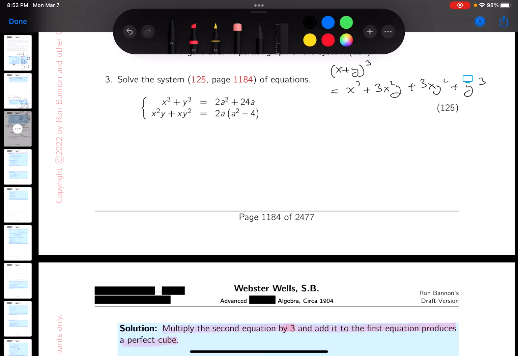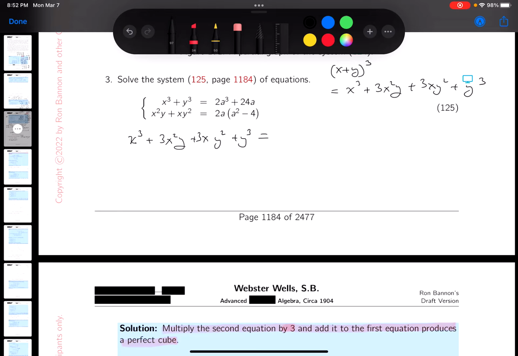That's why I multiplied the second equation by 3. So let's do that. So it's x cubed. I'm going to do 3 times the second equation. I'm adding it on, by the way. That's going to be 3x squared y plus 3x y squared. Whoops, put 3 there. Plus y cubed.